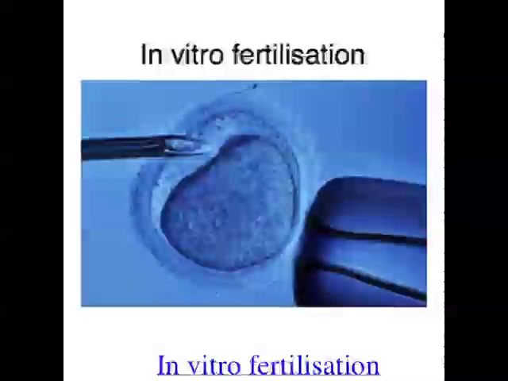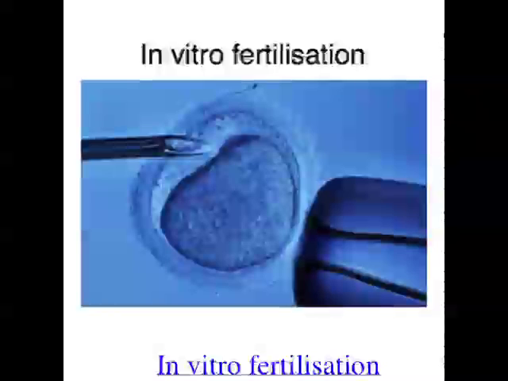Another way we can overcome infertility is something called gamete intrafallopian transfer, or GIFT. And this is basically where you get the gametes, so you get the sperm and the egg cells, and then inject both of them into the fallopian tubes of the female, and then hopefully they'll meet each other, and the egg will be fertilised, and then reproduction will take place.